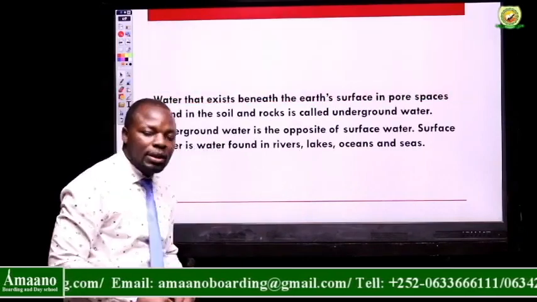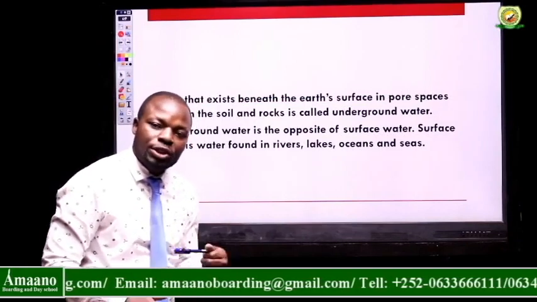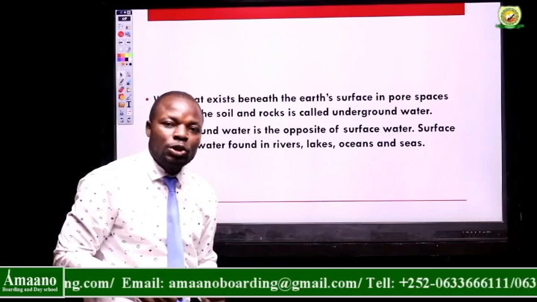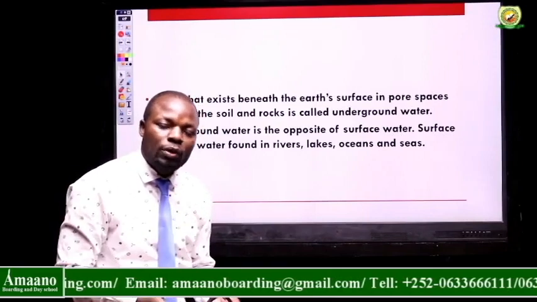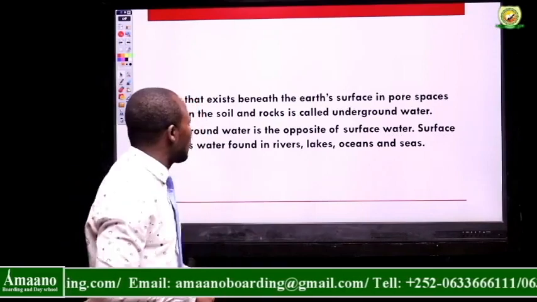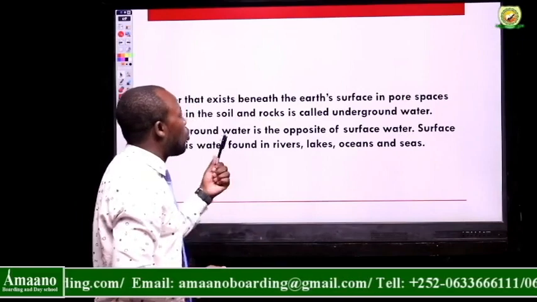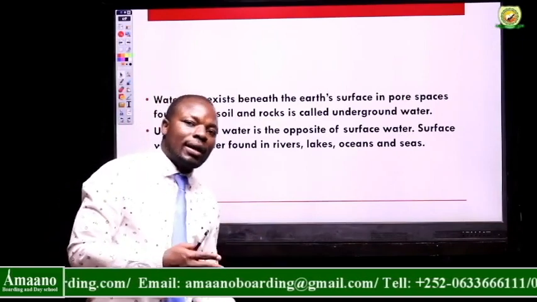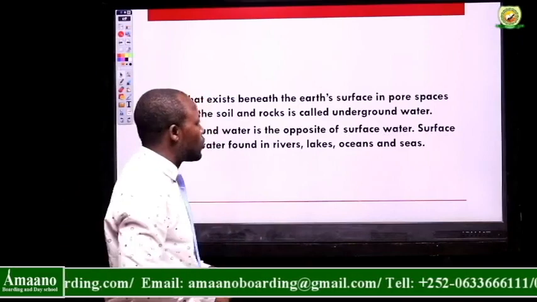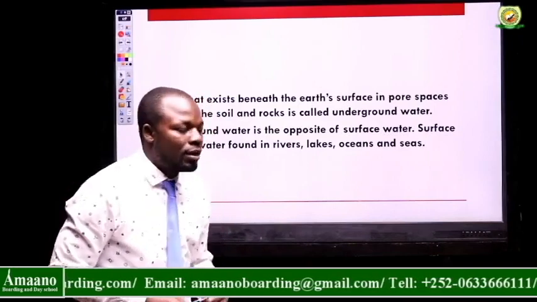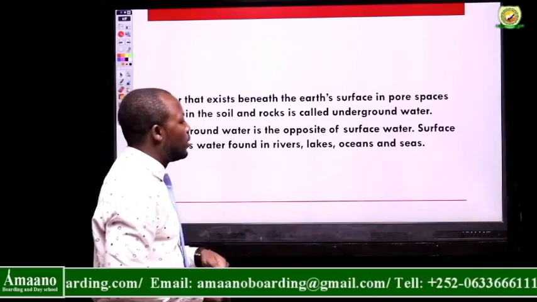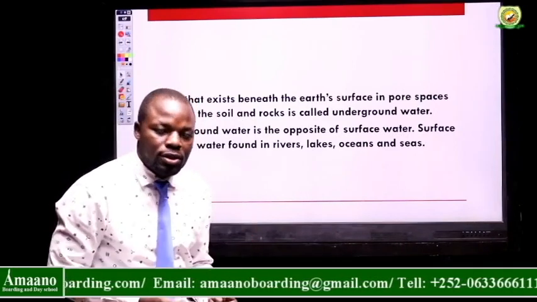By the end of this lesson, you should be able to define what underground water is. Underground water is water that exists beneath. Beneath means under or inside. So beneath the Earth's surface, in pore spaces found in the soil and also rocks.